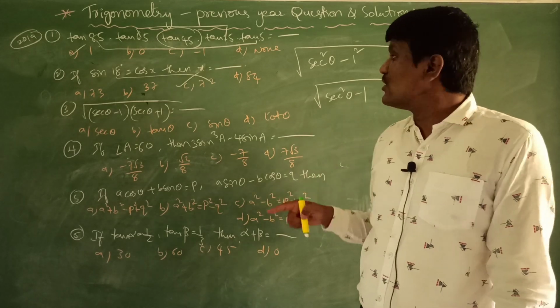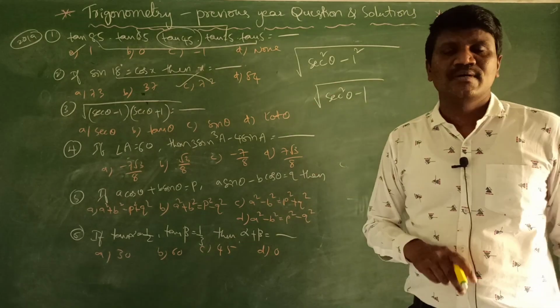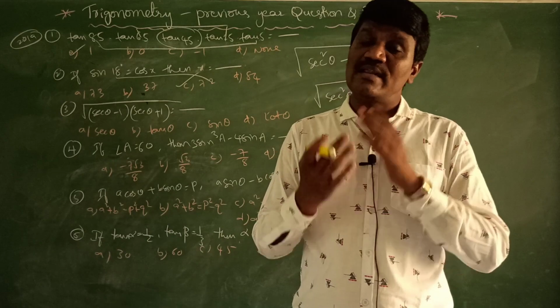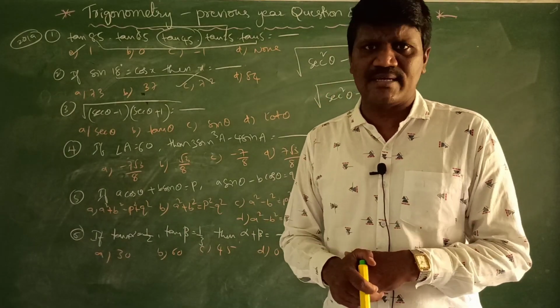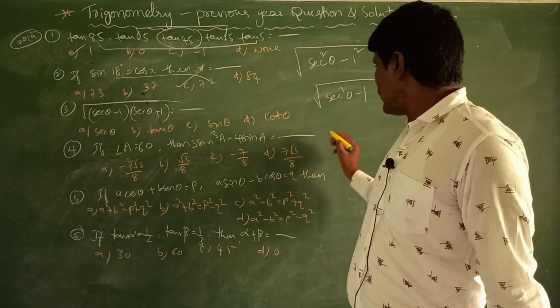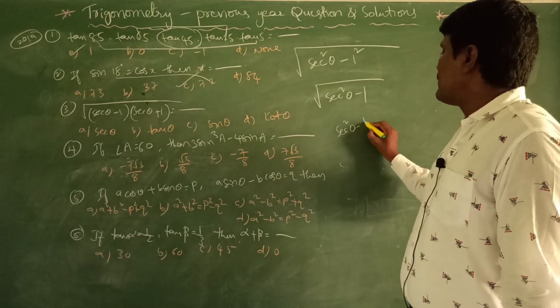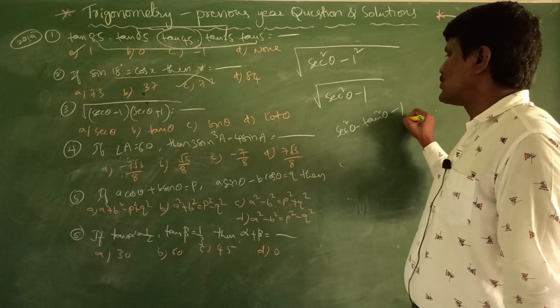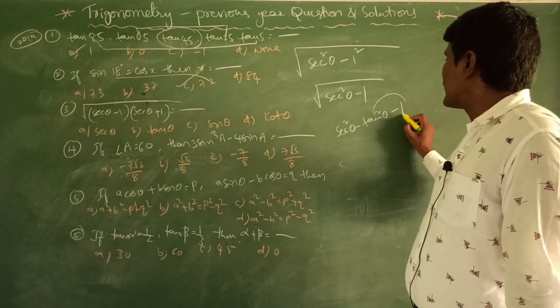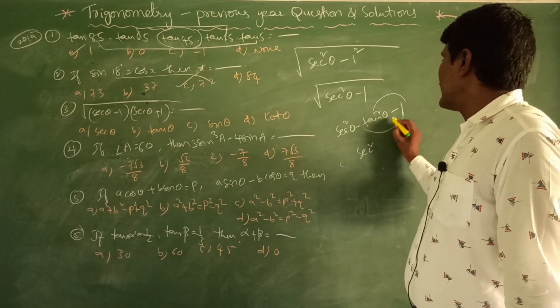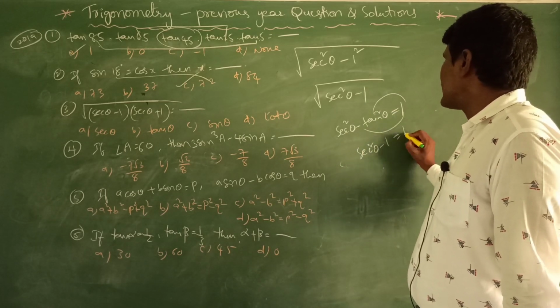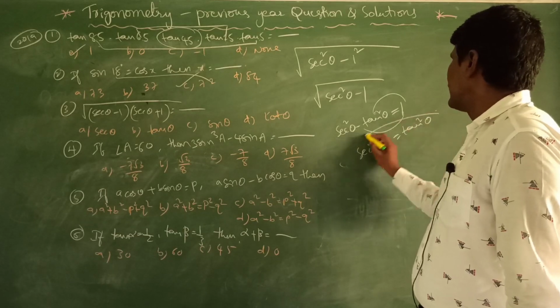So what is the value of sec square theta minus 1? Use identity number 3, which we have already said while solving identities. Identity number 3 was sec square theta minus tan square theta is equal to 1. If I send tan square theta to this side, it will be sec square theta minus 1 is equal to tan square theta.